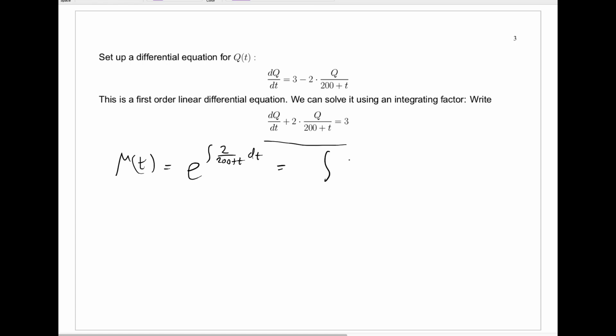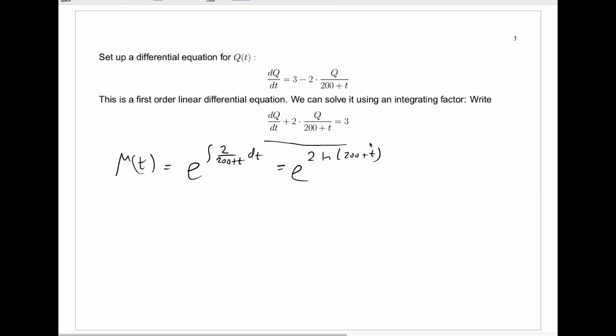That's e to the integral of 2 over 200 plus t, which is 2 times the natural log of 200 plus t.